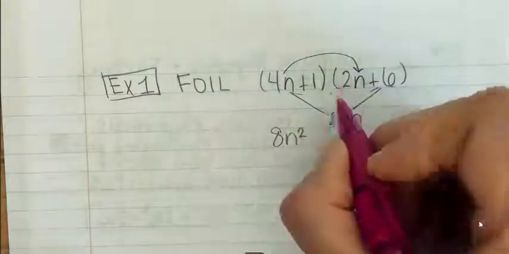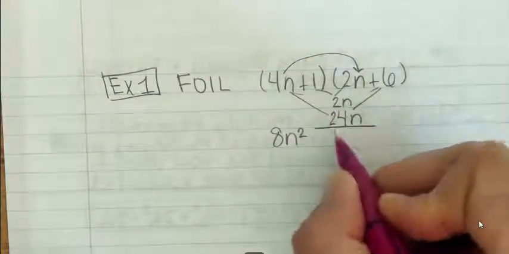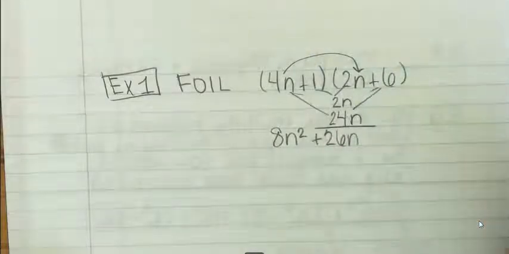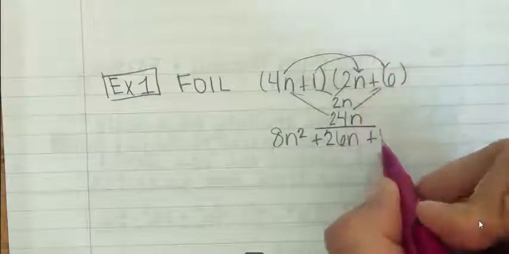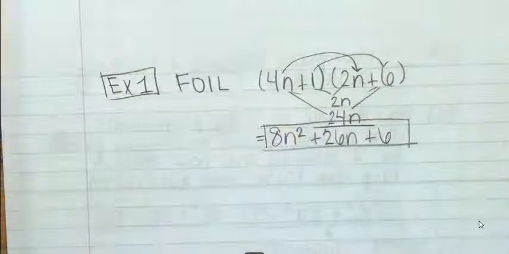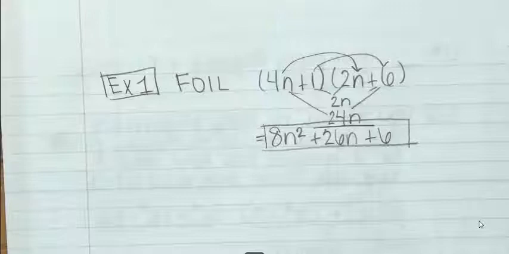So O. Then we'll do our inners, which will give us 2n. Then we'll combine those together to get our middle term, which is 26n, and it's a positive 26n. And then we'll do our last to get positive 6. And voila, we are done. Pretty simple. Let's also look at that using an area model or a box method.